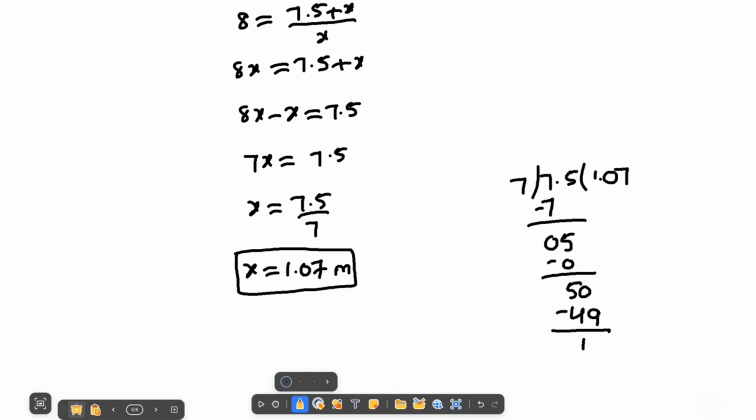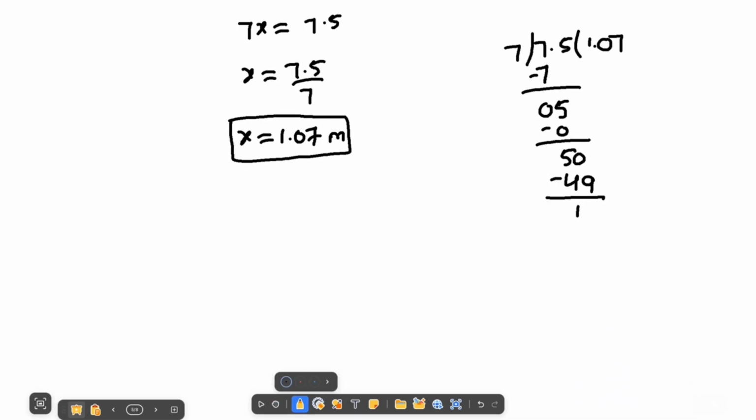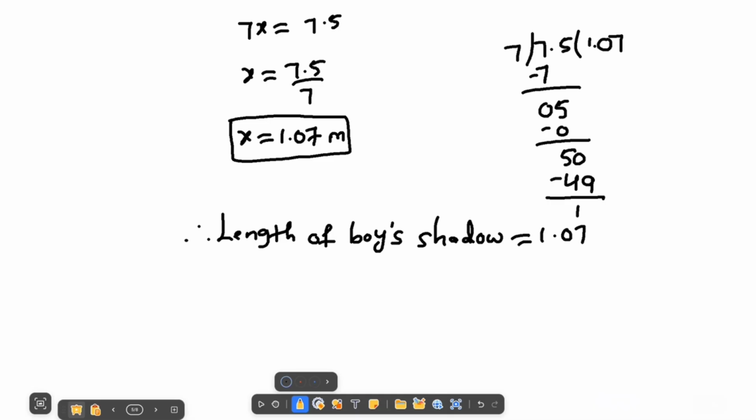So this is the length of the boy's shadow. So therefore, length of the boy's shadow is 1.07 meters.